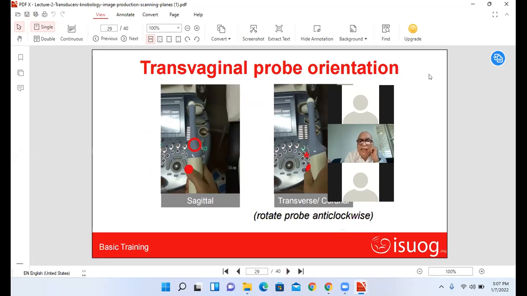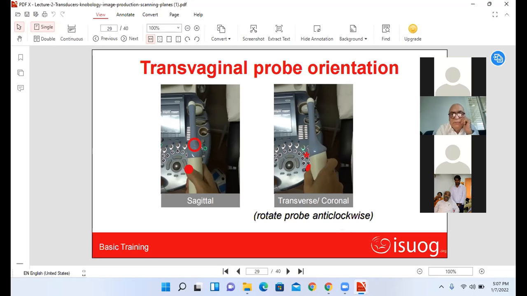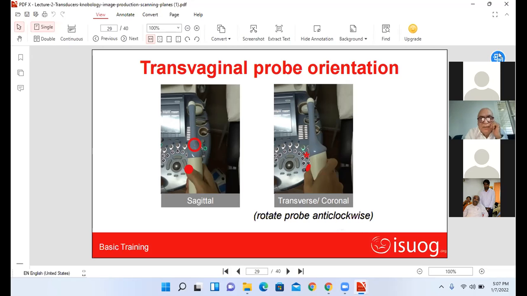Anti-clockwise, then we are in a correct orientation about left and right. So we can always touch the top of the probe and just find out which way the firing is coming from. Next slide, please.